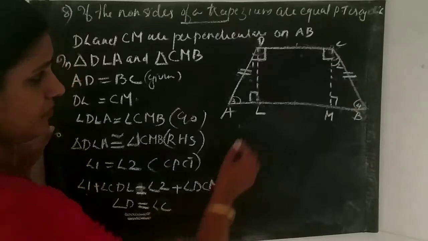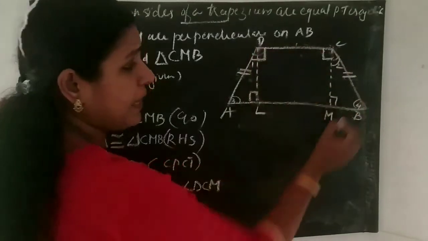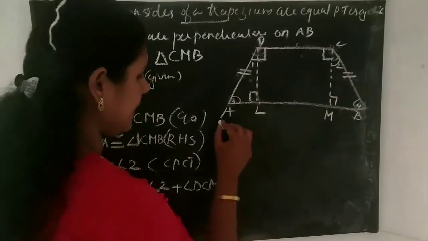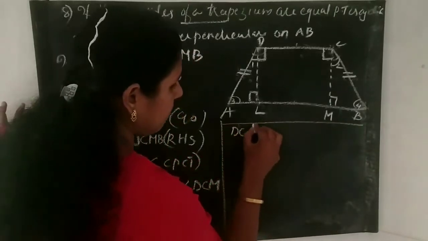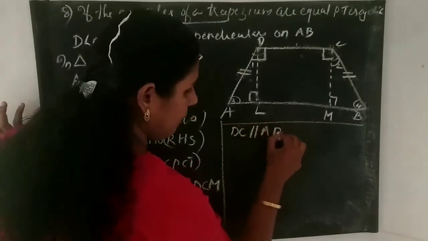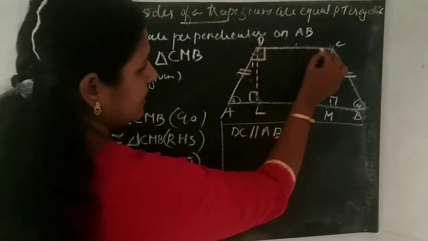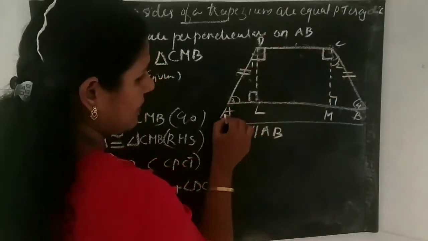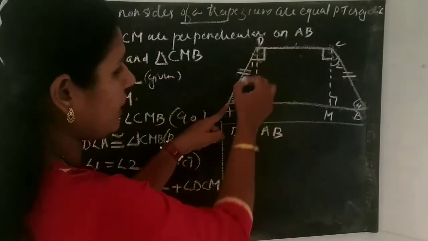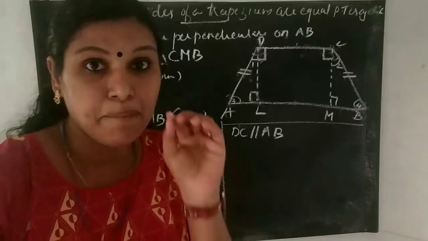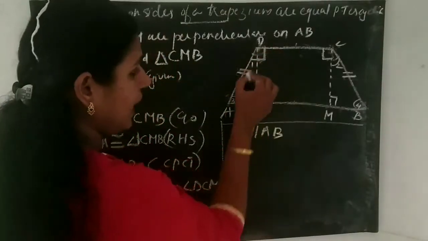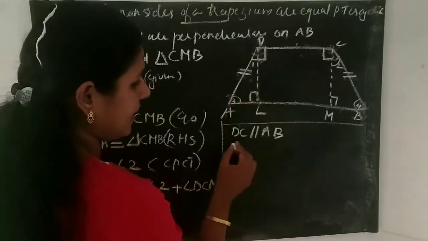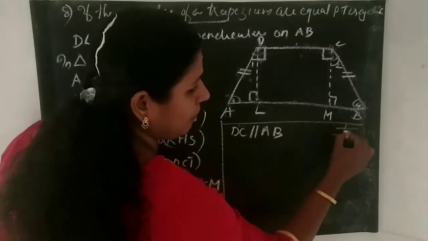See children, DC and AB are two parallel sides. DC is parallel to AB. Then what is this angle? That is parallel sides, so co-interior angles are supplementary. The angles on the interior part of the parallel sides, do you remember this?